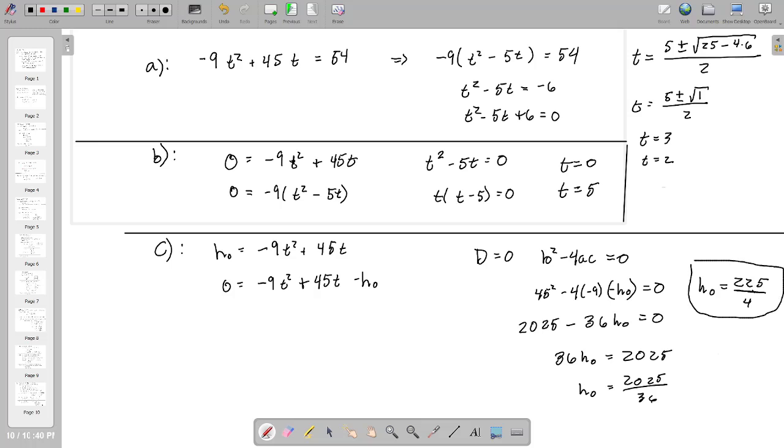This is the maximum height right here. In order to figure out at what time our rock reaches the maximum height, we set our h equal to 225 divided by 4.